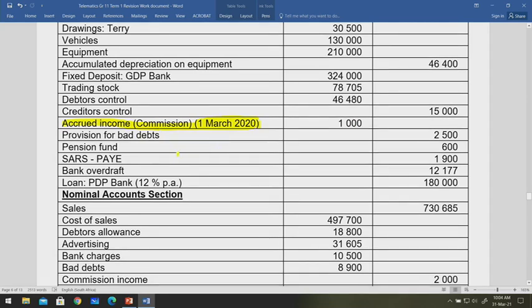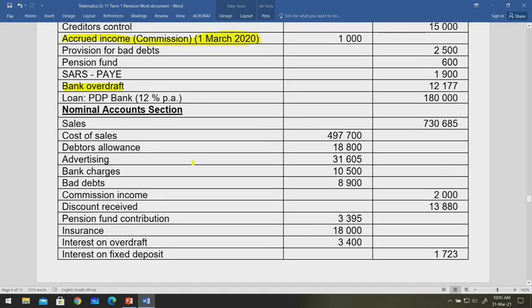Provision for bad debts, pension fund, SARS, bank overdraft, loan, PDP bank, 12% per annum. When we see bank overdraft, we know exactly where it must go when we do the statement of financial position.